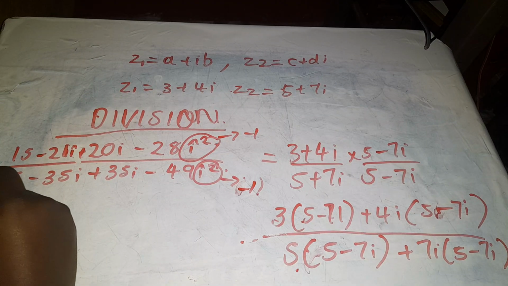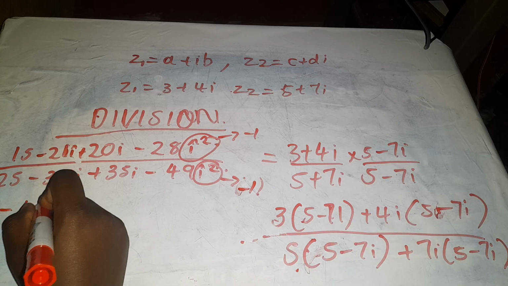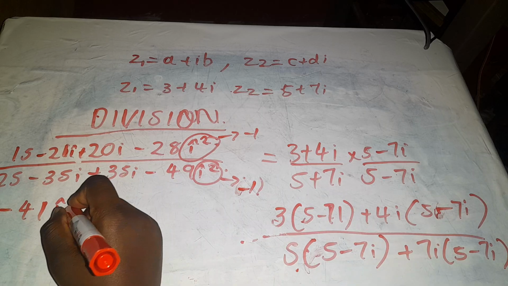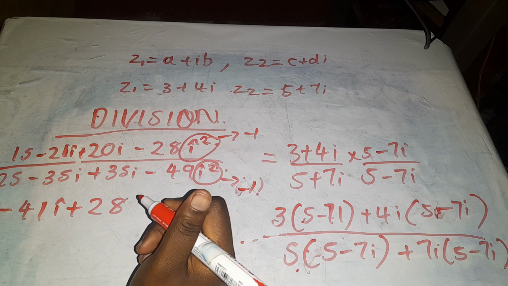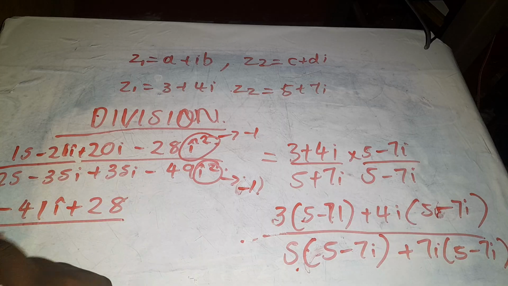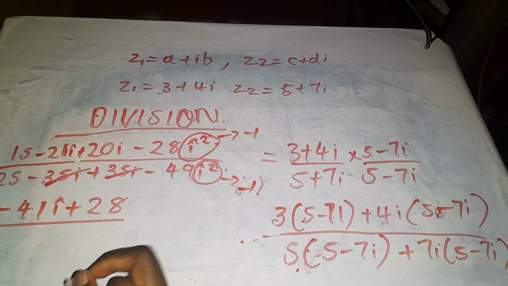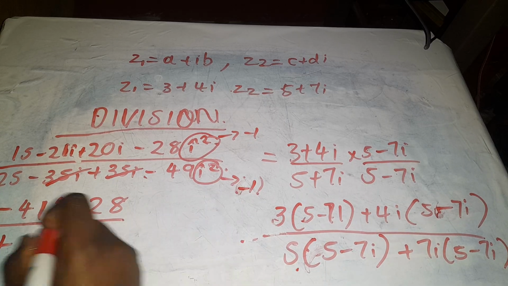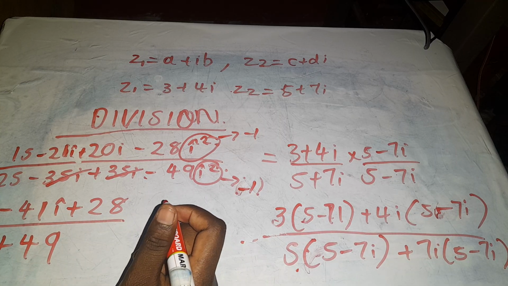So our equation is going to be 15 minus 41i plus 28. Finally, we are going to have 25, this will cancel out, minus, no, positive, negative, negative, positive, plus 49. So you're going to add them.